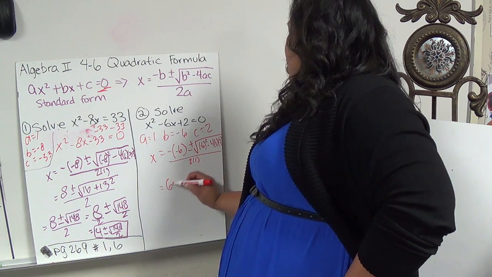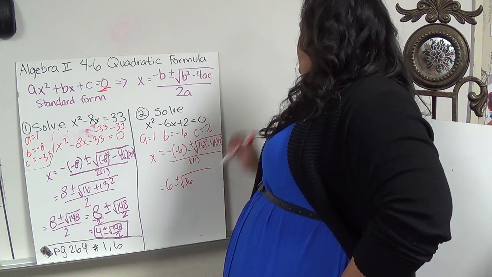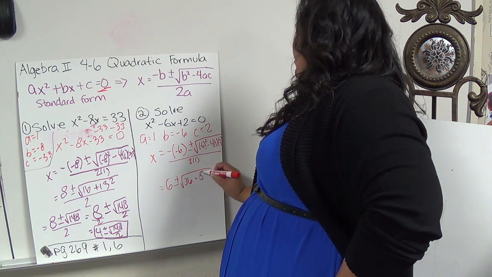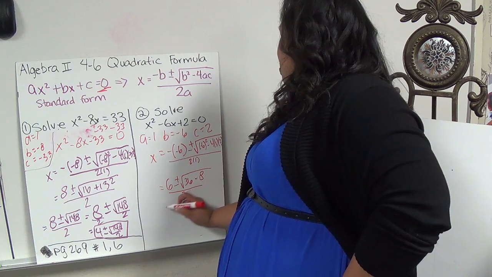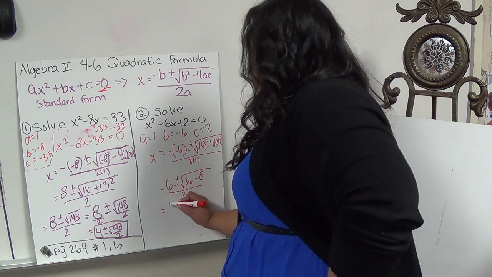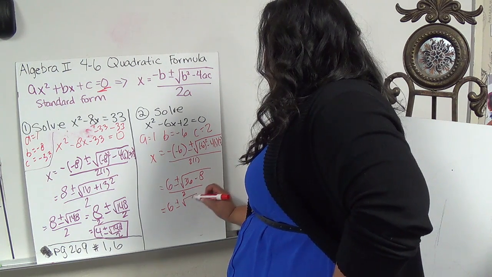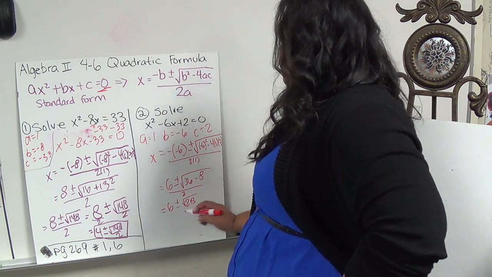So this is 6 plus or minus the square root of 36 minus 8, all over 2. And this is 6 plus or minus the square root of 28 over 2.